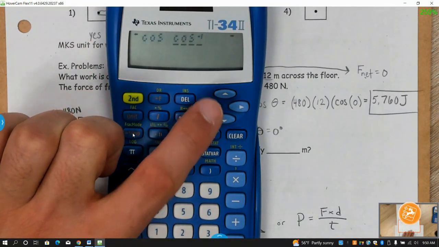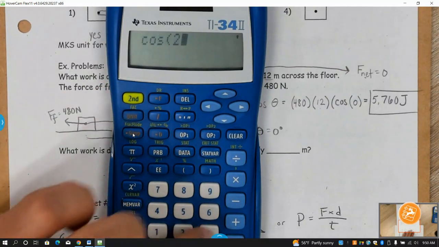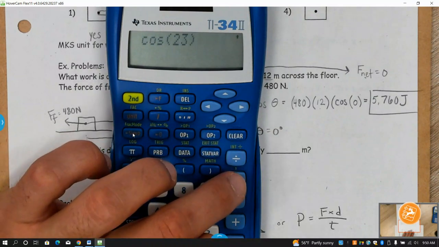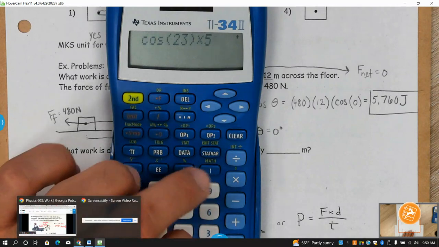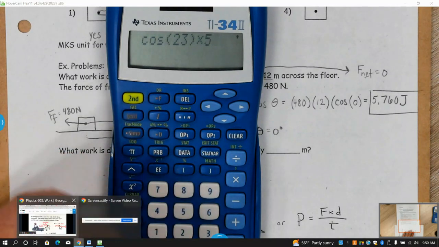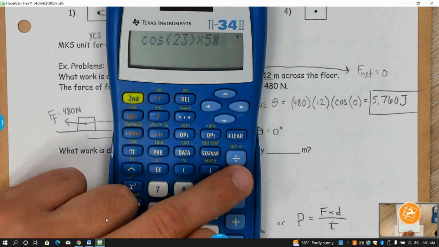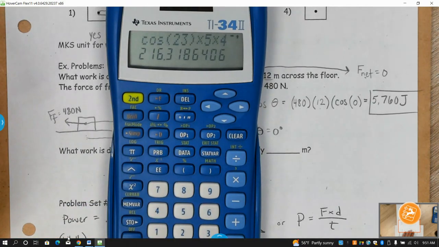Then you just scroll over with the arrows until you get to cosine. If the angle was 23, I can do that. The distance that this thing moved was 5 meters, and the force I was pulling it with was 47. That should give me the same thing, 216.31.